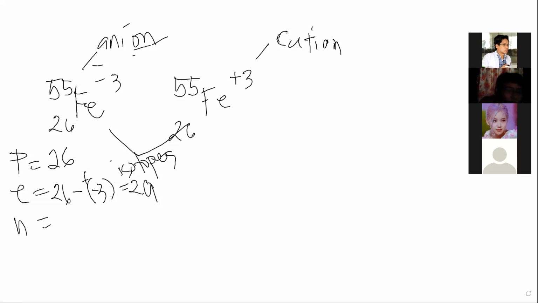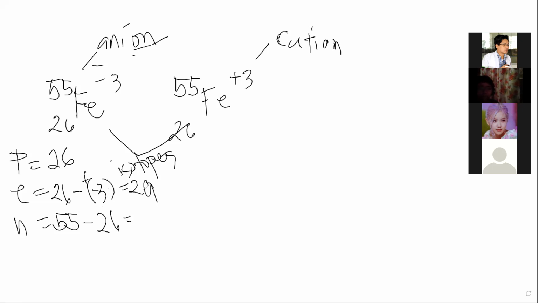How to get your neutrons? The number of neutrons is the mass number, the atomic mass, minus the atomic number, which is 26.